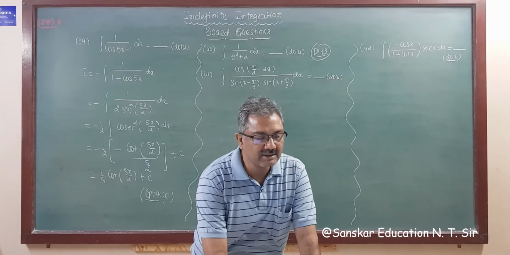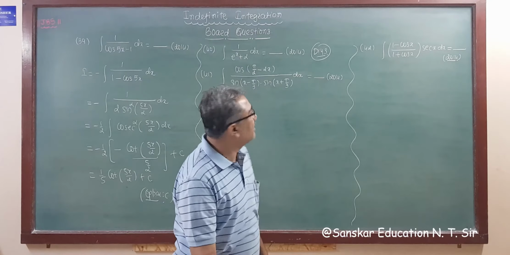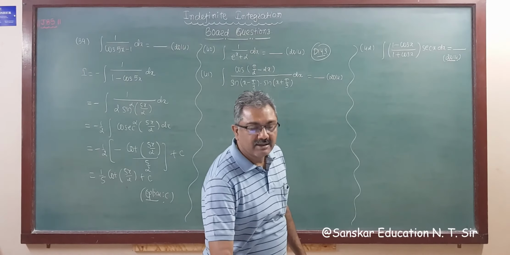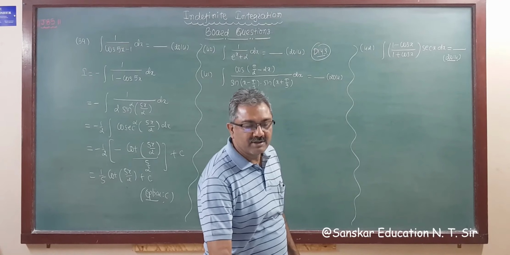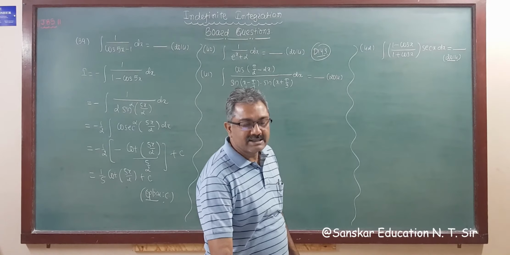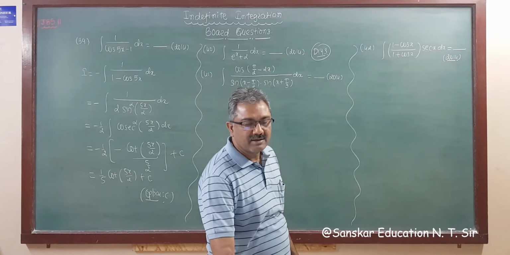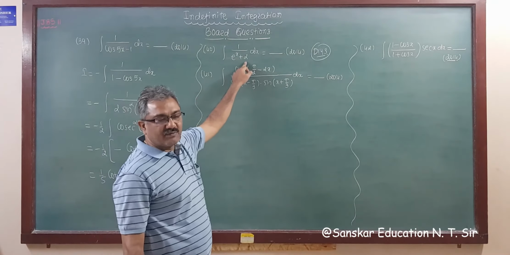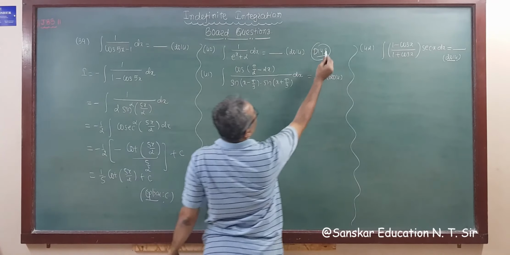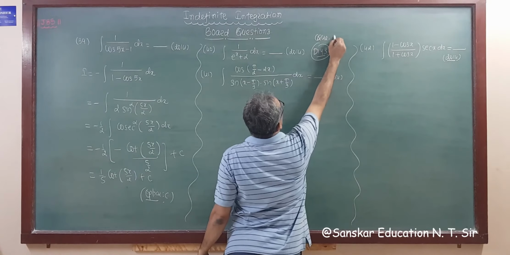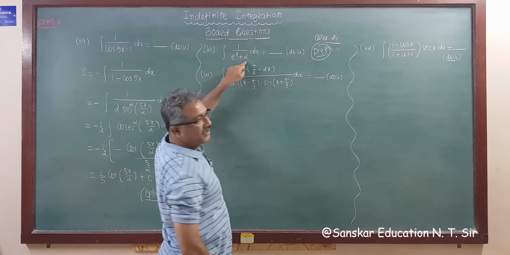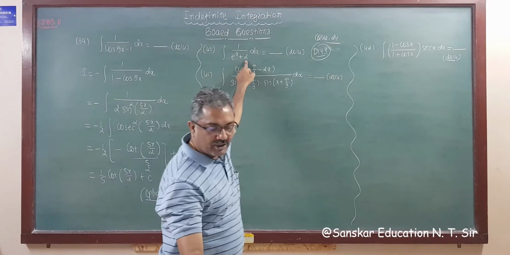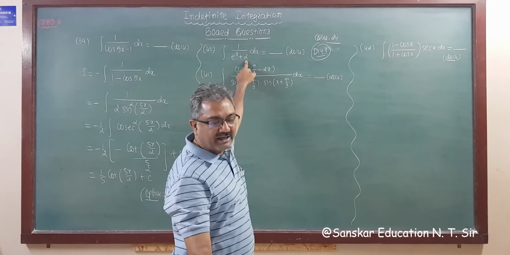Wait a minute, where is the question? Come fast. That is question number 24, e raised to x plus 1. So this is the same as question number 24. Instead of 2 here there is 1, so you have to do it yourself.